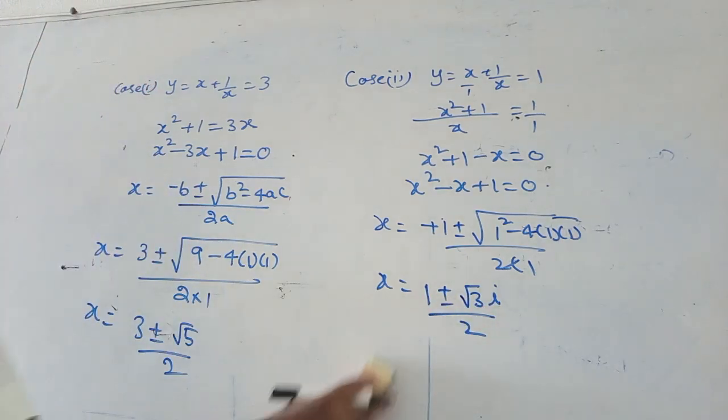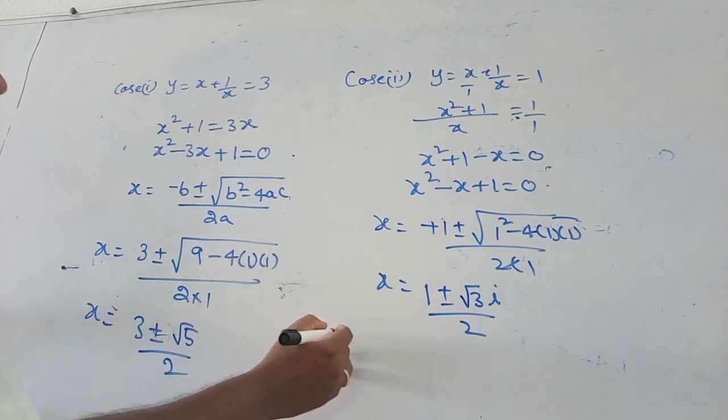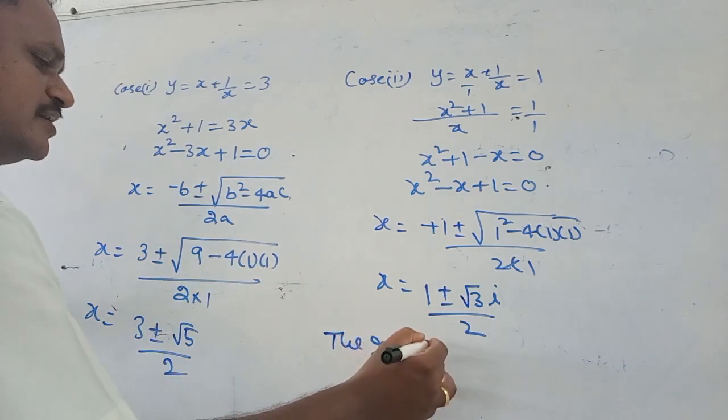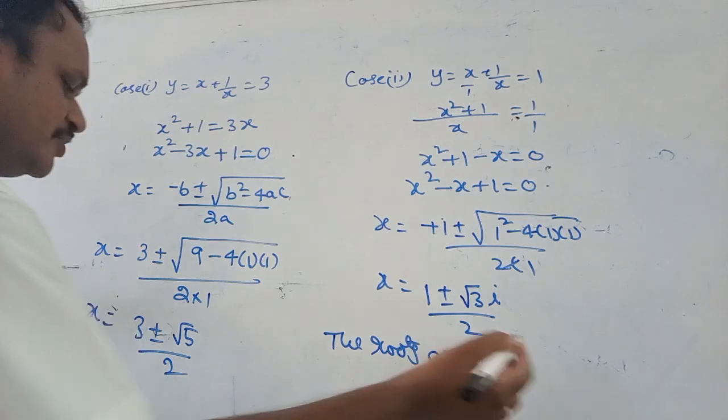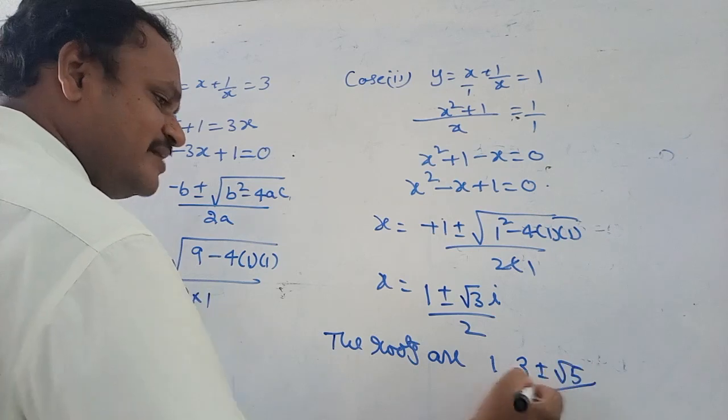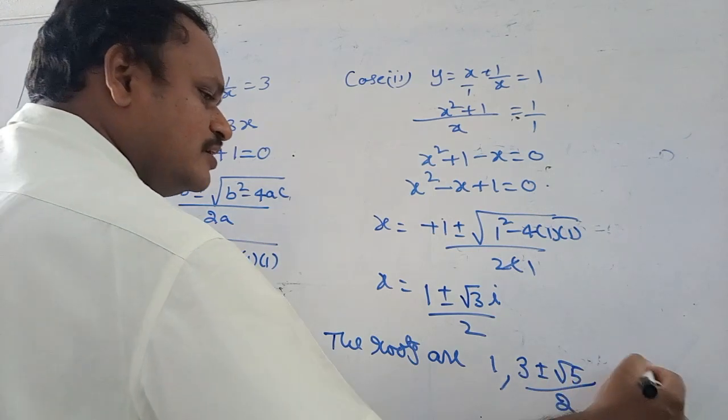Therefore our equation has the roots: 1 is one root, and we have got 3 plus or minus root 5 by 2, these are all the reciprocal roots.